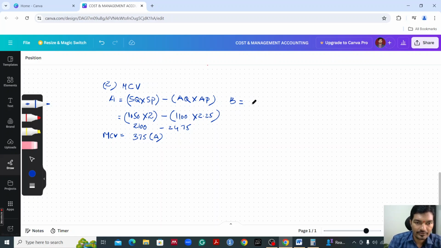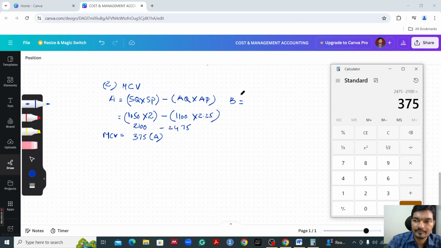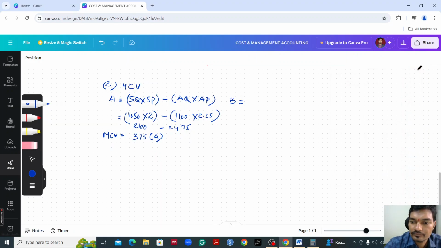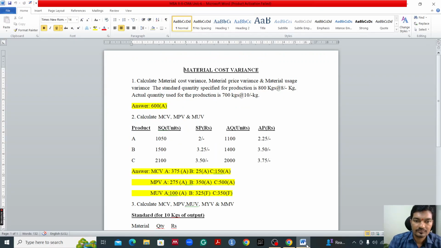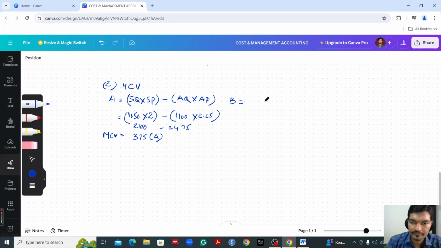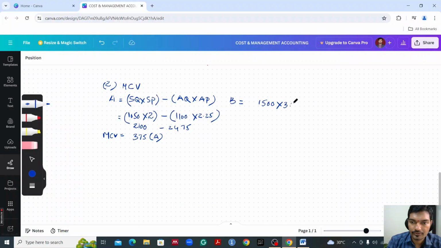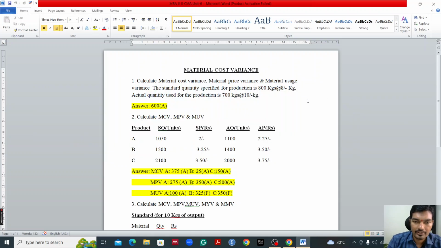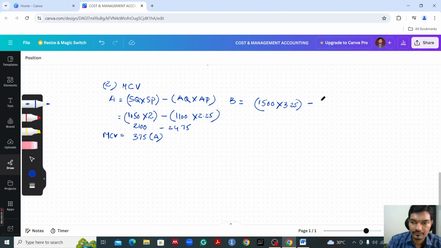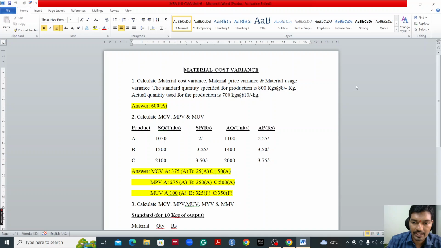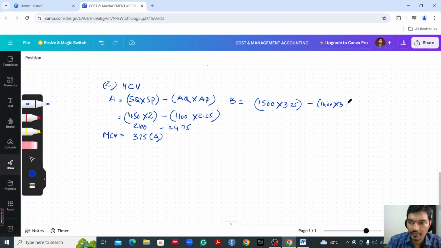the standard quantity 1500 is multiplied with the standard price 3.25, minus the actual quantity 1400 is multiplied with the actual price 3.50.